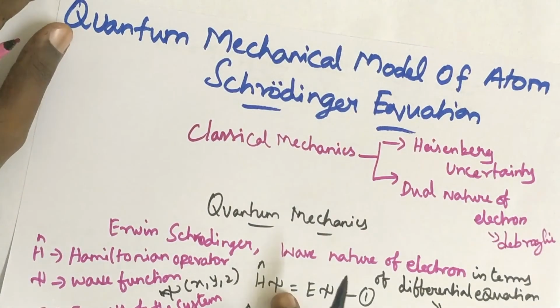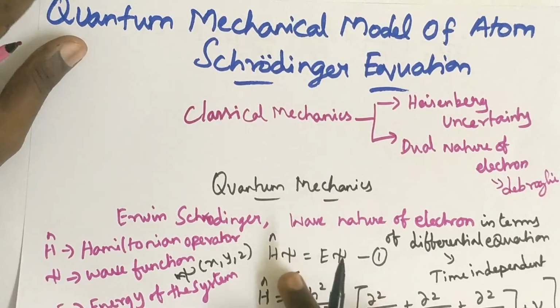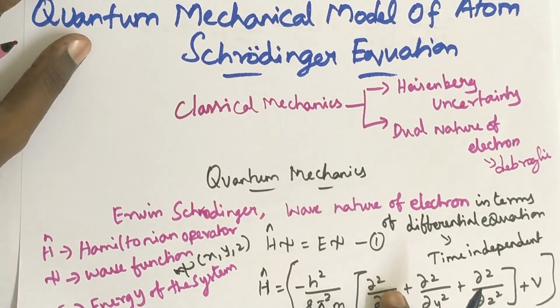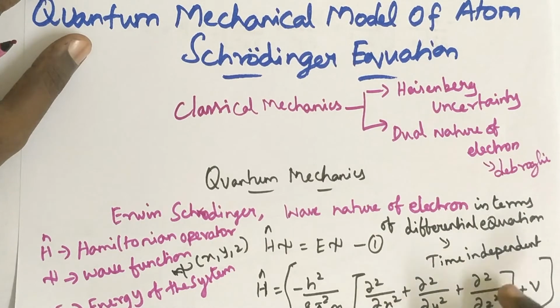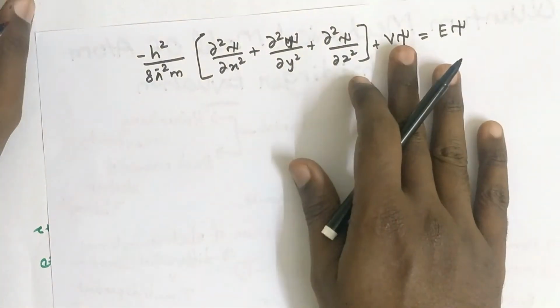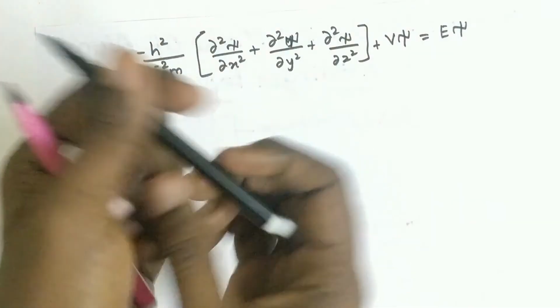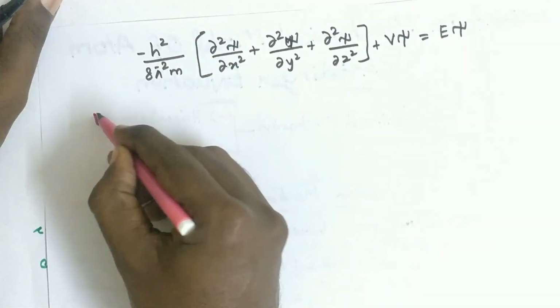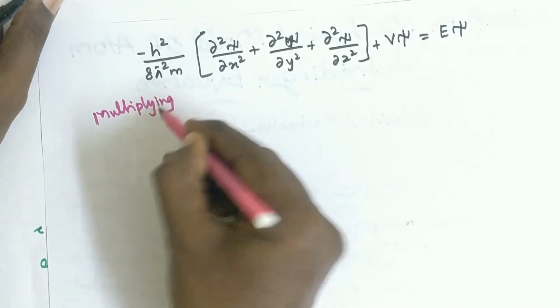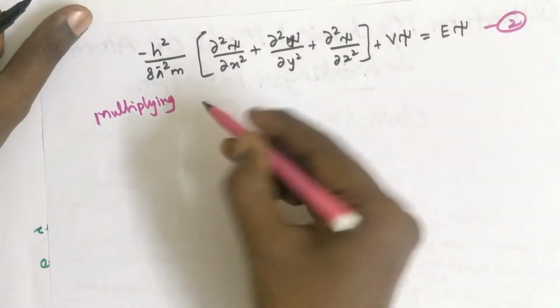So psi is multiplied with every term: dou square psi by dou x square, dou square psi by dou y square, dou square psi by dou z square plus V psi equal to E psi. So this is equation 2.